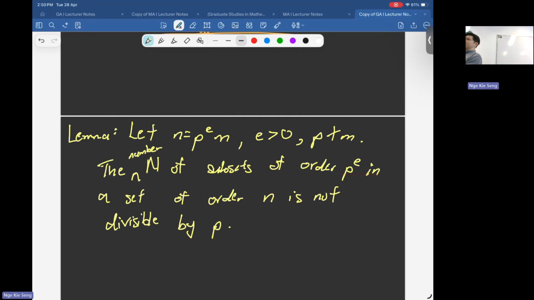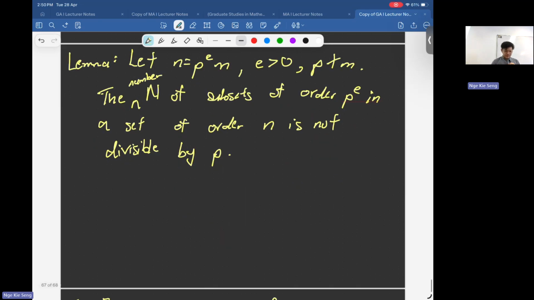This is just random. This is a combinatorics argument here.